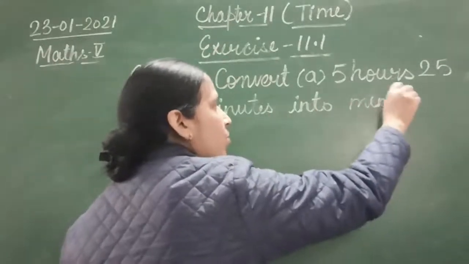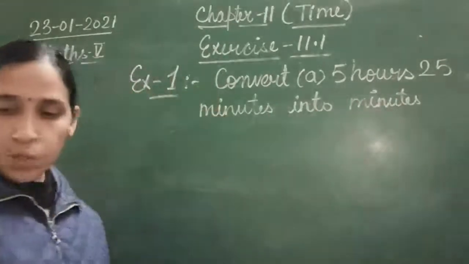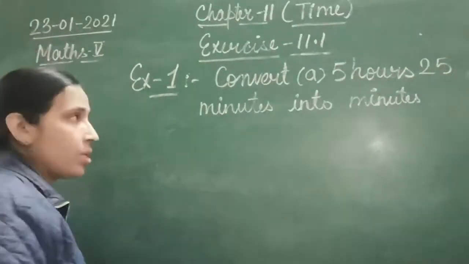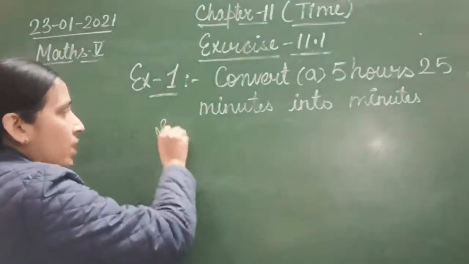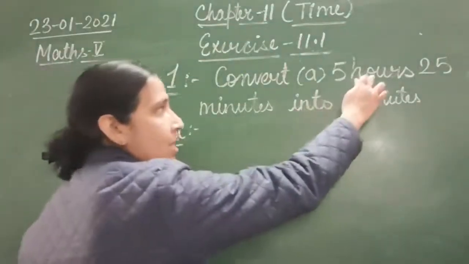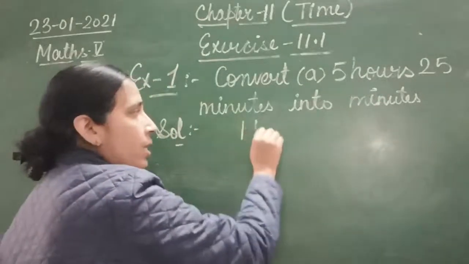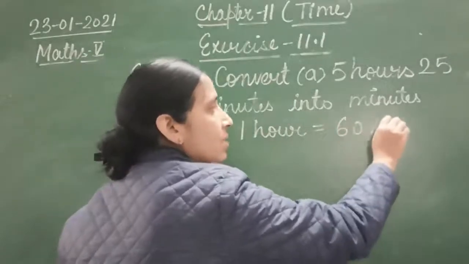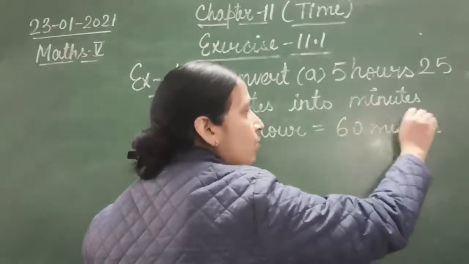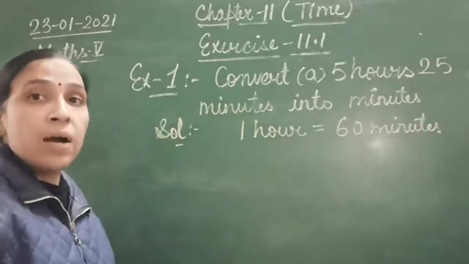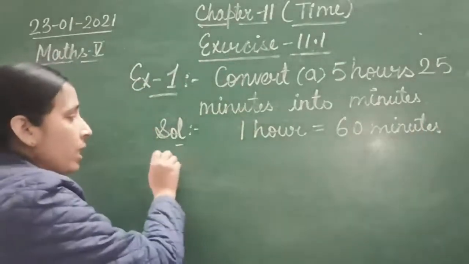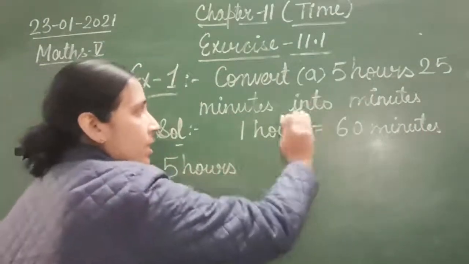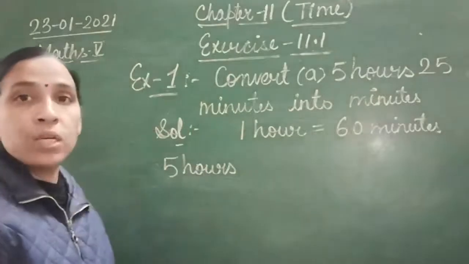Now 5 hours 25 minutes, obviously from a higher unit you are going into a lower unit. First of all, the relation between hours and minutes: we know 1 hour is equal to 60 minutes. Here you have to see one thing very carefully. The part which is already in minutes, like 25 minutes, you are not going to change.